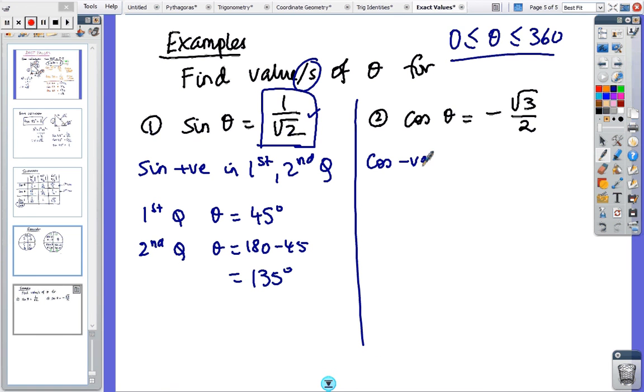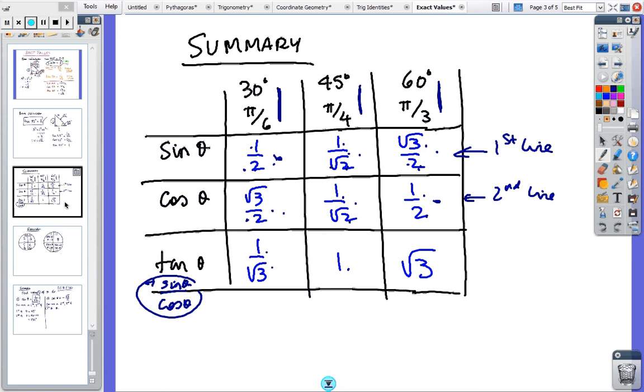Okay, so in the next one we've got a negative cos. Cos is negative in the second and third quadrant. So what we do is pretend we've got a positive answer in the first quadrant. Looking at this value here, cos is root 3 on 2, so we're looking at 30 degrees.